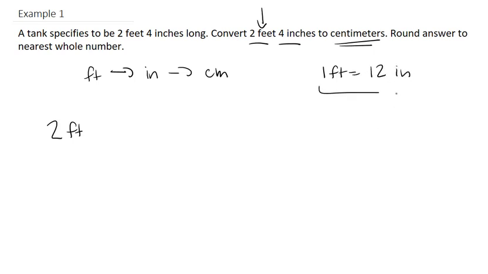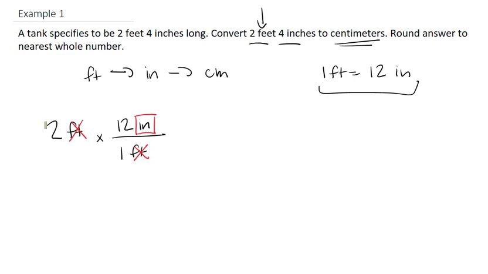So we're going to use this conversion to convert feet to inches. We put the foot on the bottom and the 12 inches on the top. This way we can cross out feet, and what we have left is just inches, which is exactly what we want for this first step.